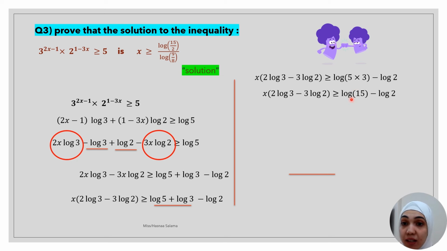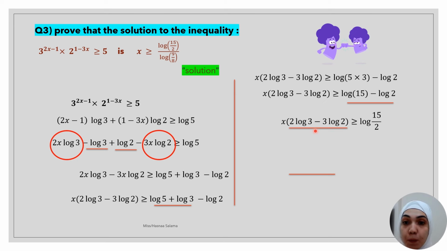After that, logarithm 15 minus logarithm 2, it means I can use the division law, to be 15 over 2, and I can see it here. We are right until now.